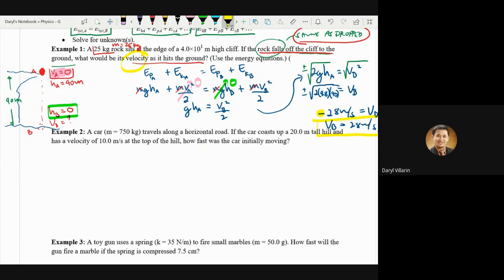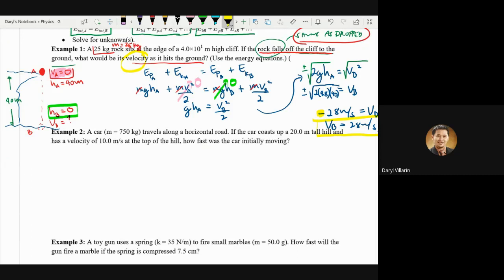The total energy at A would be equivalent to the total energy at the middle part. Although the potential energy decreases, the kinetic energy increases, and if you take the sum, it would be equivalent to the total energy at point A and the total energy at point B.